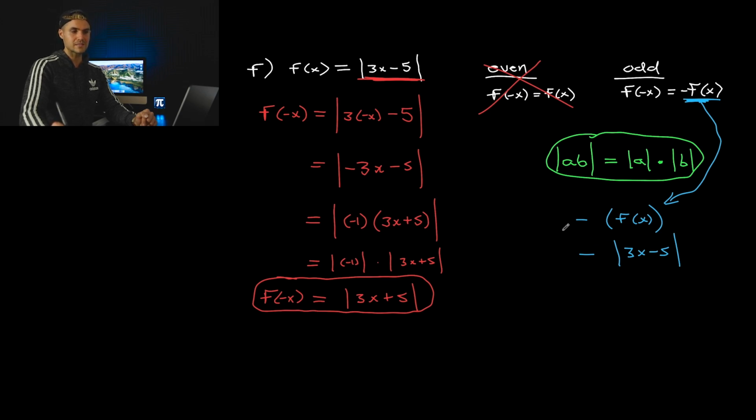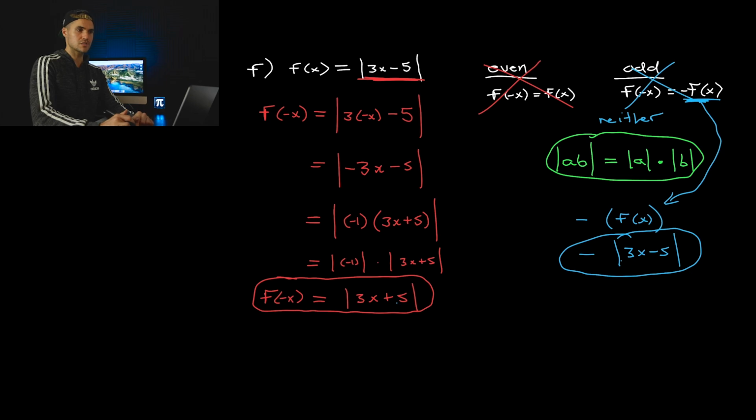So this is the simplified expression for negative f of x. And notice that this and this, they're completely different functions, right? They are not the same, and so we know that this function is also not odd. So this function in particular is neither odd nor even.